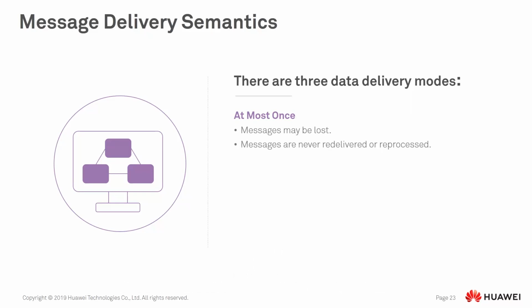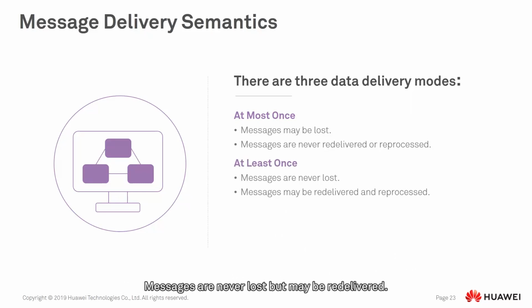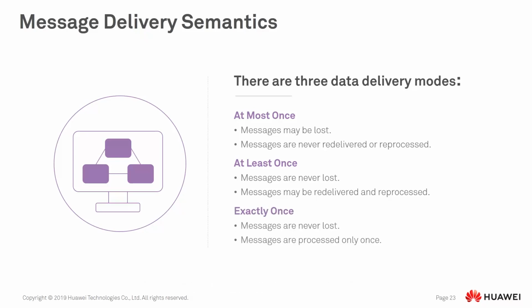At most once, messages may be lost, but are never redelivered. At least once, messages are never lost, but may be redelivered. And exactly once, this is what people actually want. Each message is delivered once and only once. But unfortunately, exactly once is not available in Kafka currently.